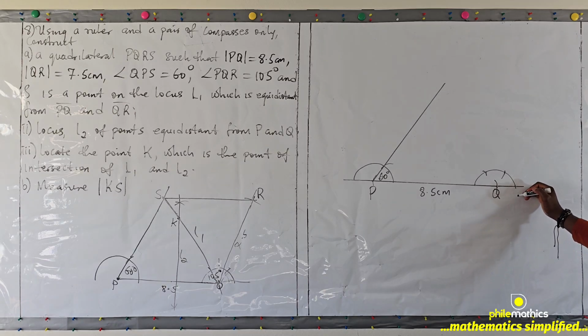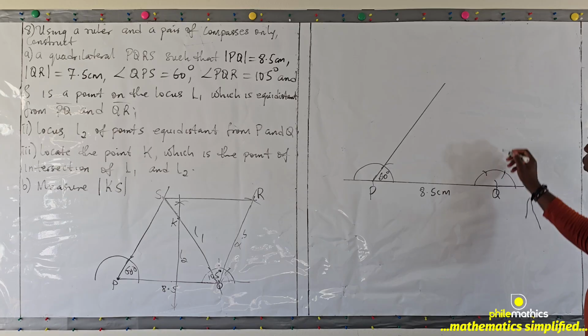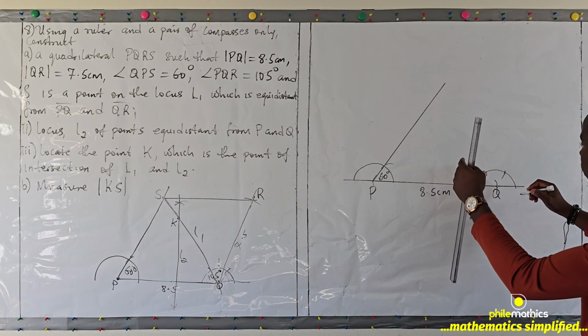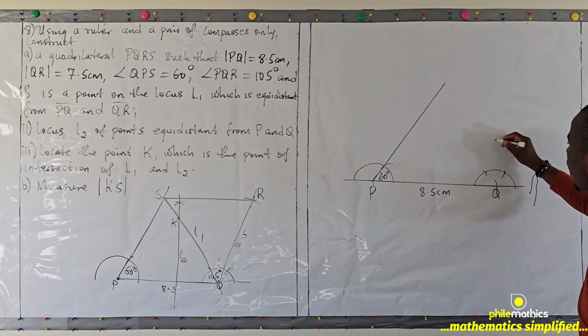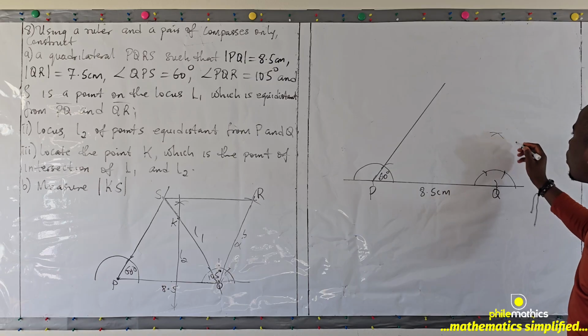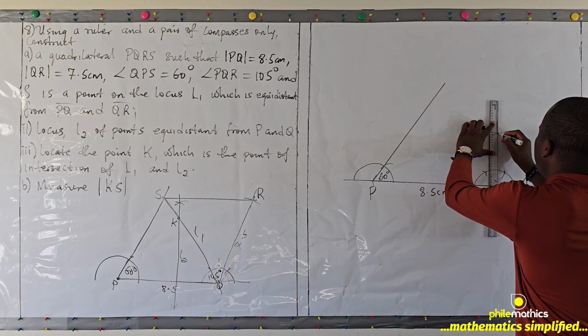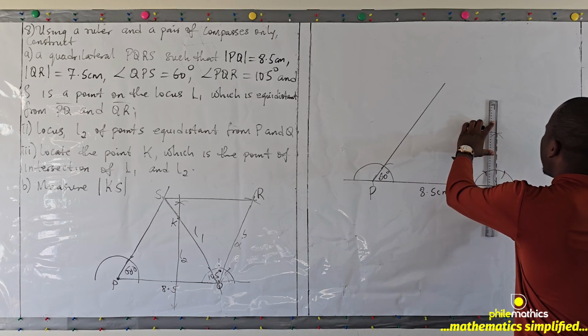So each of these is 60, 60, 60. And so if you want to get your 90, you bisect this 60. If you bisect this 60, you could extend the radius of your pair of compass and draw an arc here. You put the pin here again, you cut, and then you join this with a short dashes line, since it's not necessary in what we are doing.